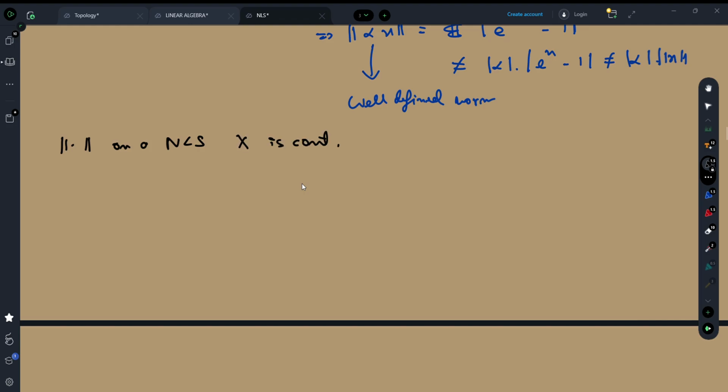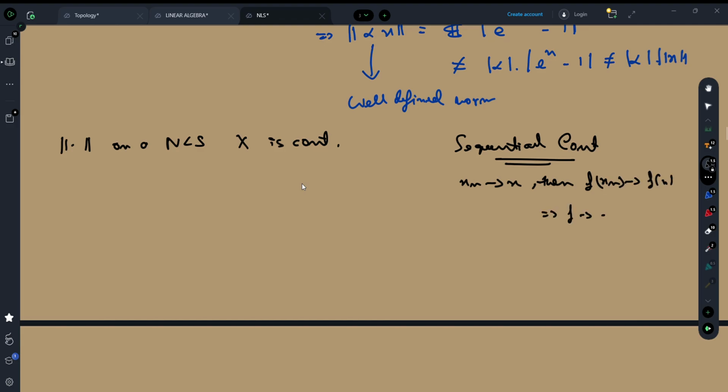Why is it continuous? Now, if you recall the concept of sequential continuity, we can apply it in the case of metric spaces. What does sequential continuity speak of? It says that if you have a sequence x_n converging to x, then f(x_n) will converge to f(x).